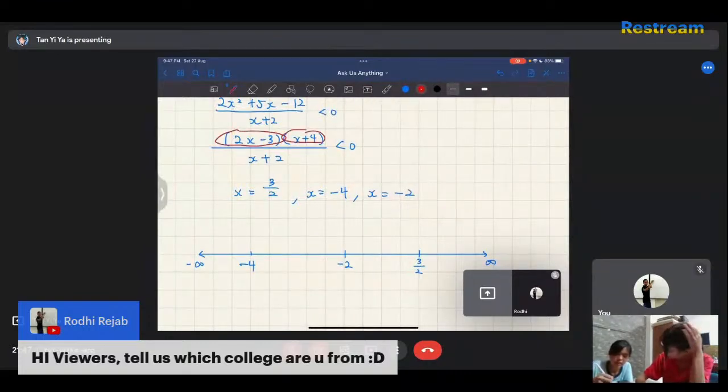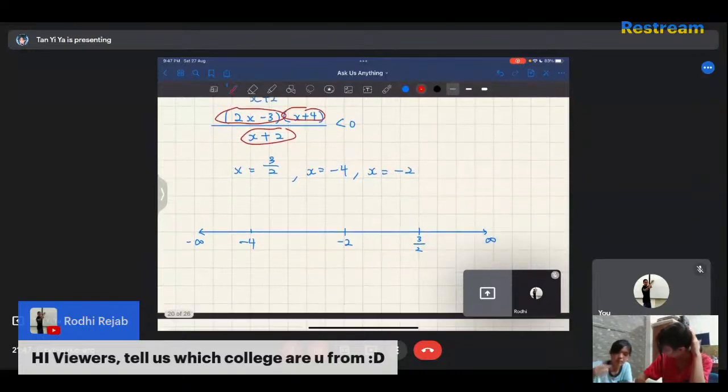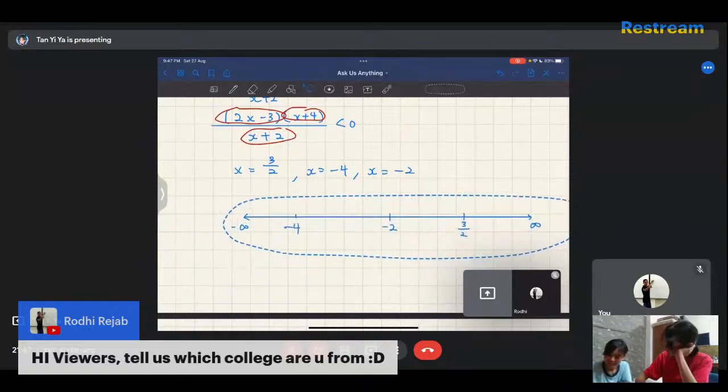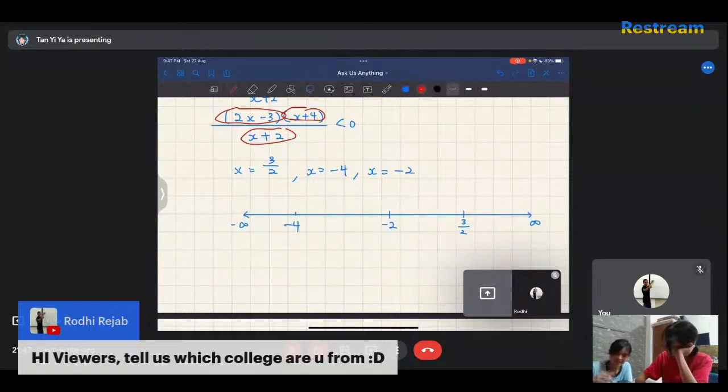Each of these equations, we copy down on the side of the table. I kind of run out of space. It's okay. 2x minus 3, x plus 4, x plus 2.